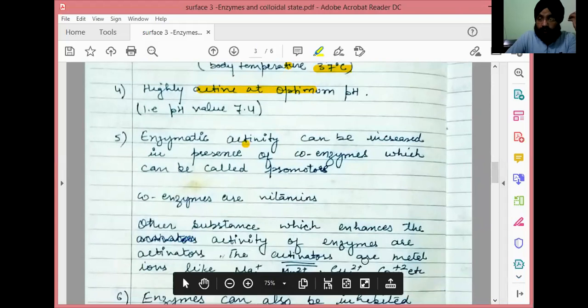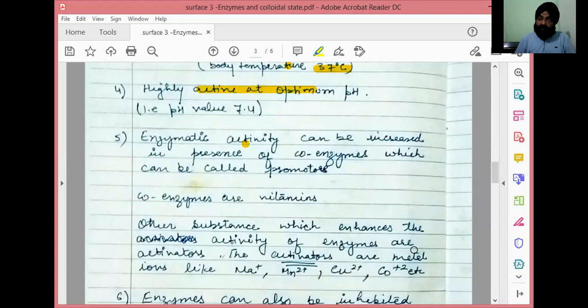There are two more terms, coenzymes and activators. So coenzymes are vitamins and activators are metal ions. Metal ions, which act as activators, can stick to the surface of the enzyme, and coenzymes act along with the enzymes. So both coenzymes and activators enhance the activity of the enzyme.